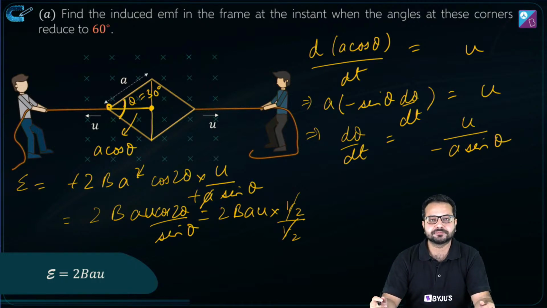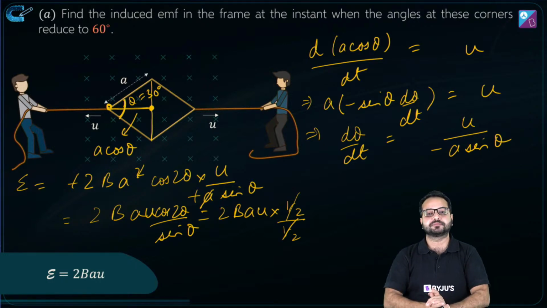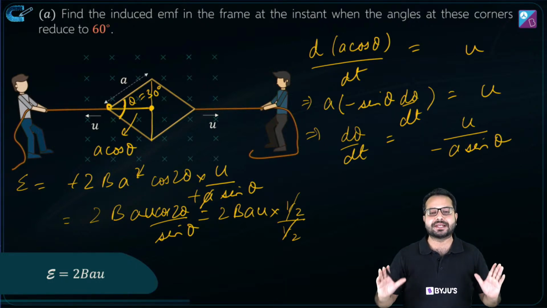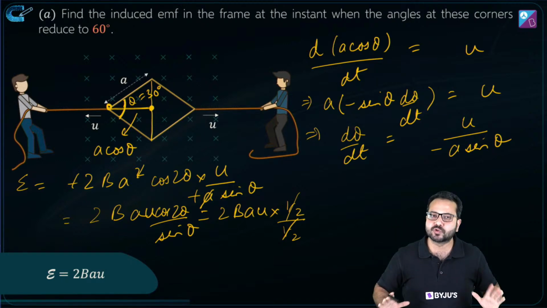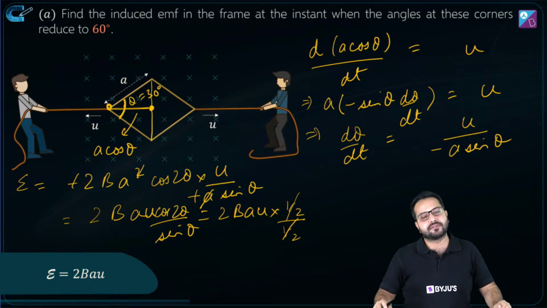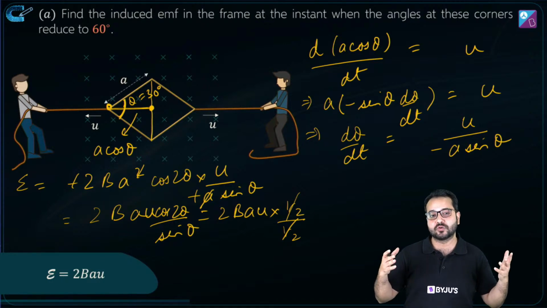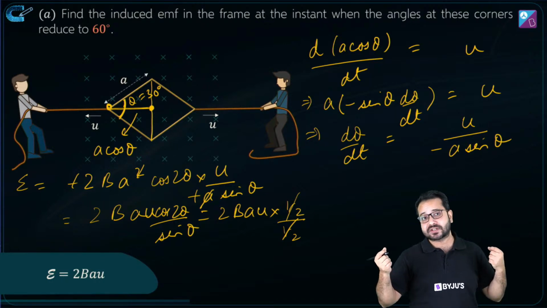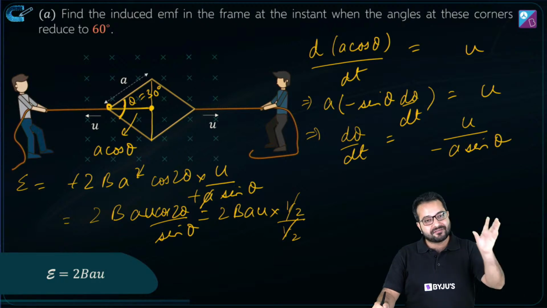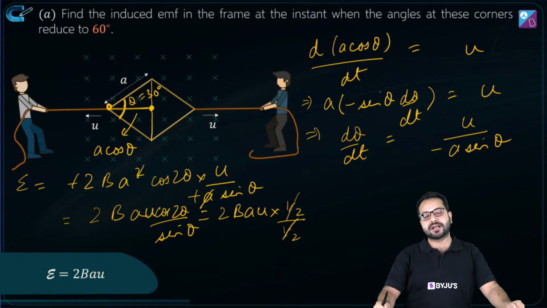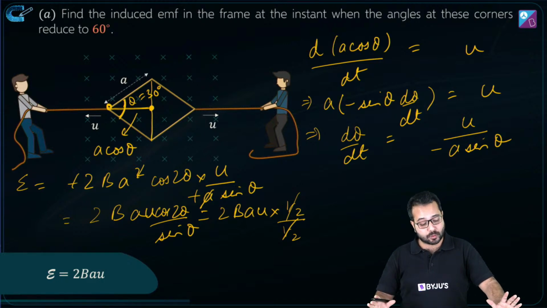Is that right? Any problem, guys? Is this absolutely clear? The game plan was very clear. We have to find out the flux, we differentiate it, we find out what is the EMF induced. A little twist in this question was that we had to find out the relationship between d theta by dt and u. That was something we were able to find out very quickly.